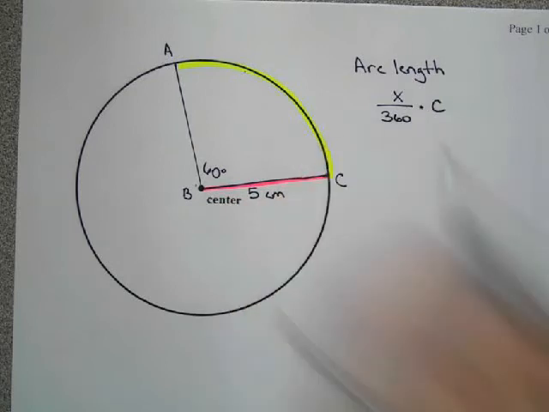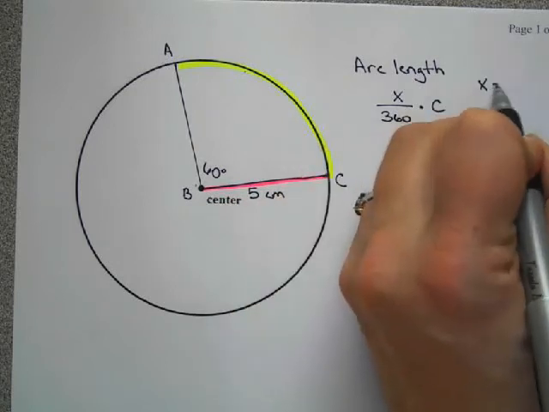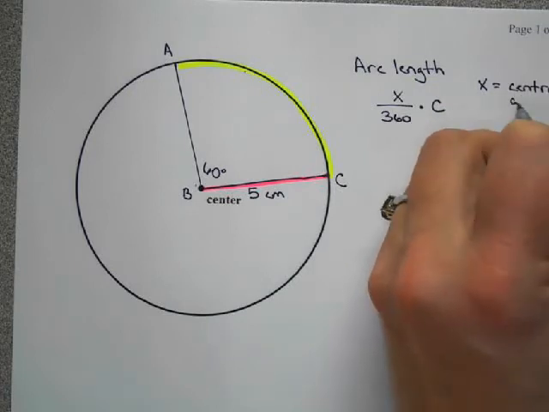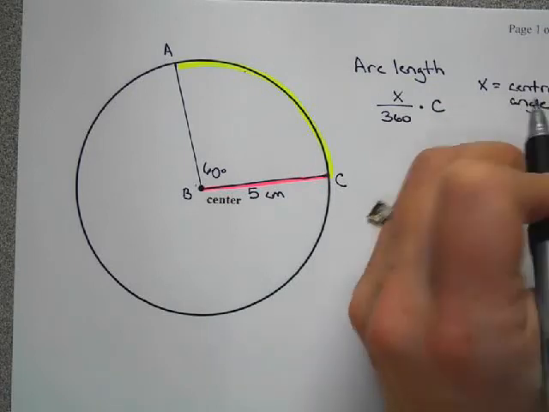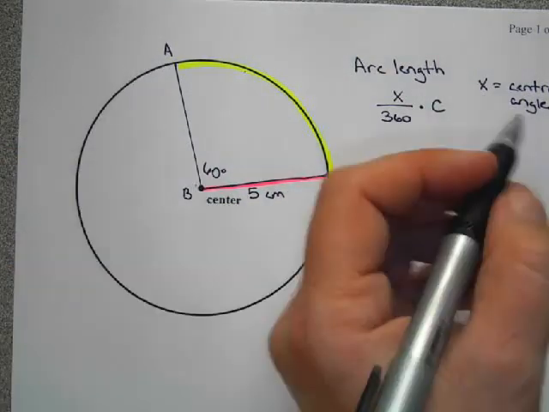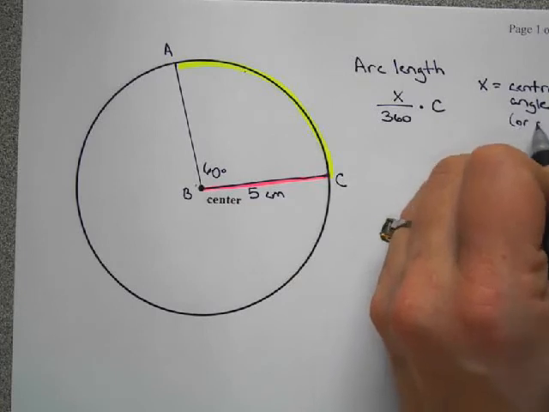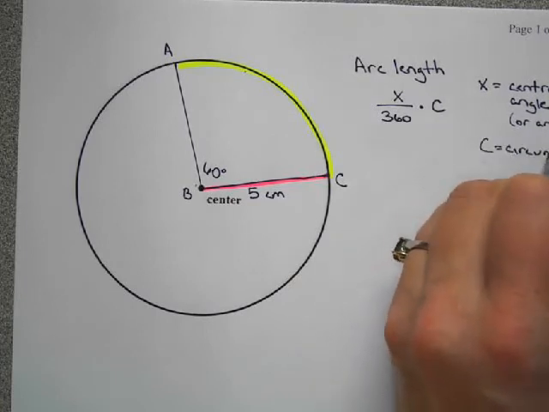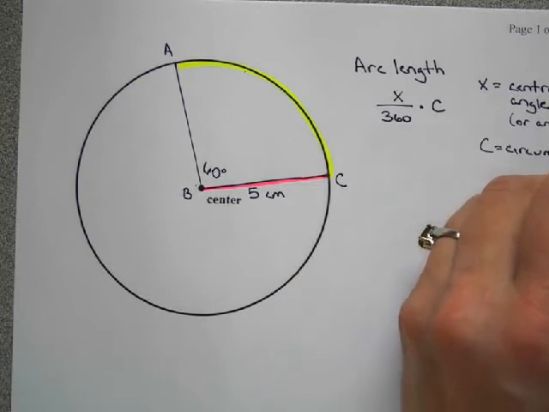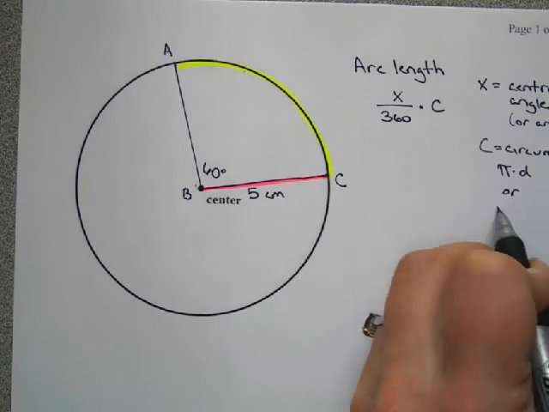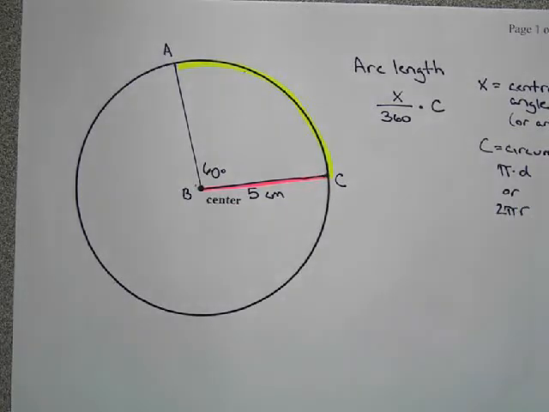So x equals the central angle measure, or the arc if it's given to you, and C is circumference, which is pi times diameter, or 2 times pi times the radius.